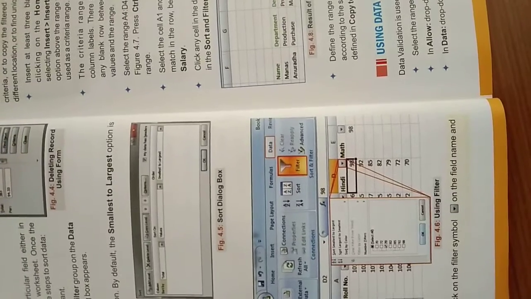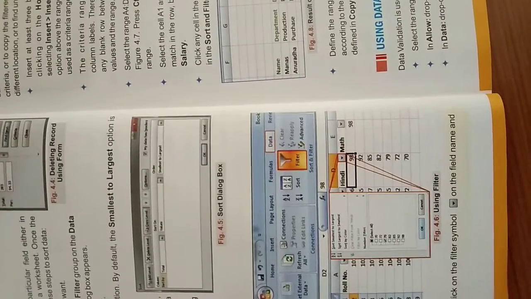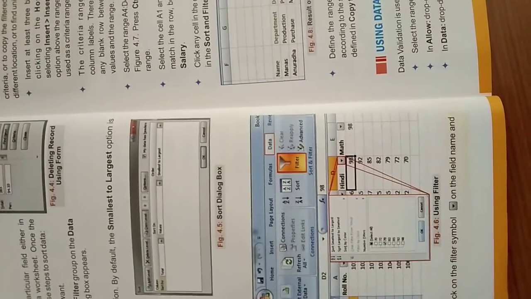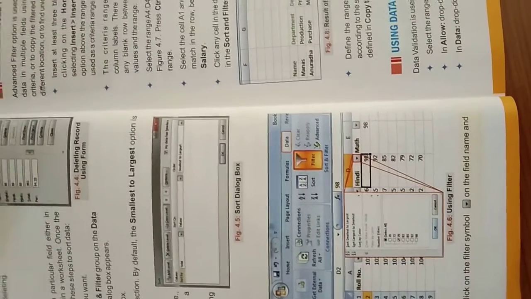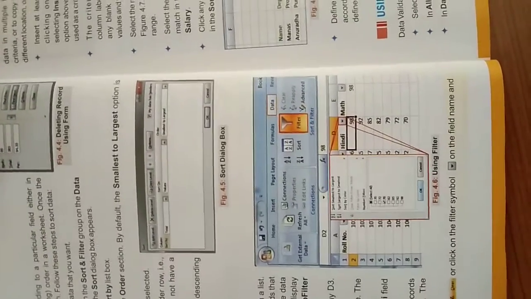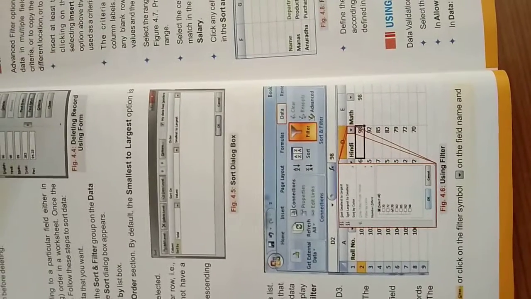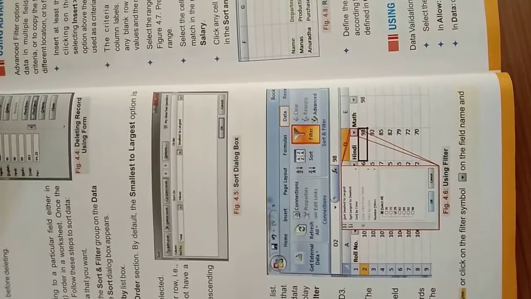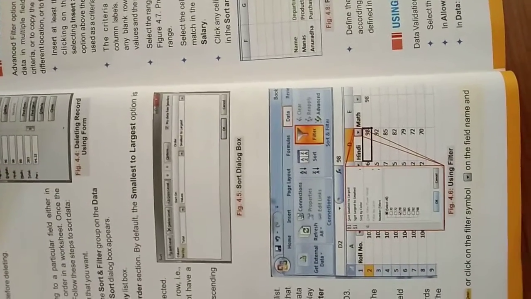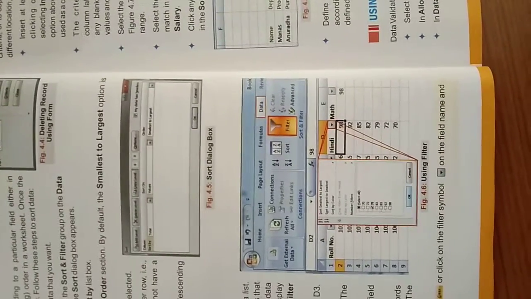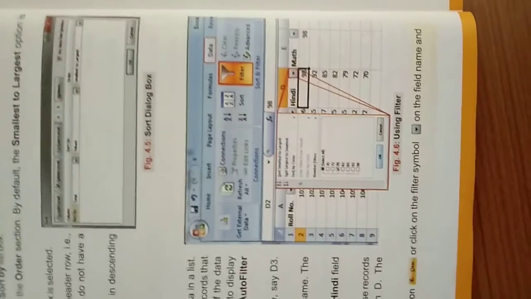Like if I click on the arrow at D3, the Hindi field name, and select 79 from the drop-down list, the list will get filtered and display only those records that contain the number 79 in column D. So filtering of data also plays a very important role in MS Excel.